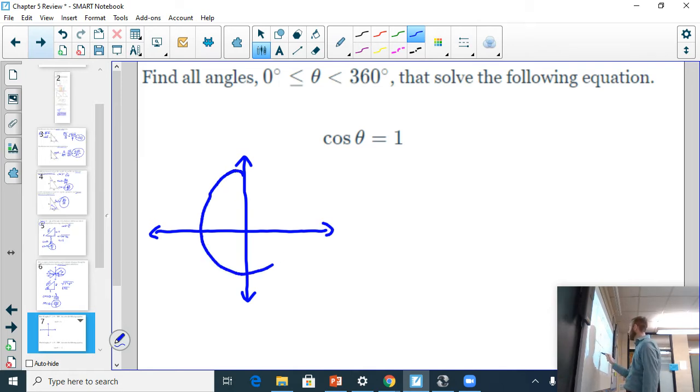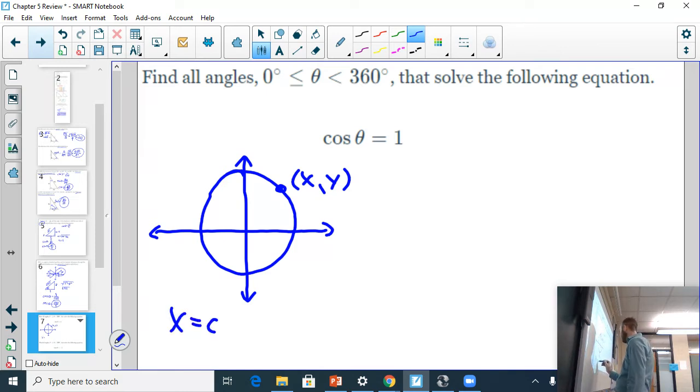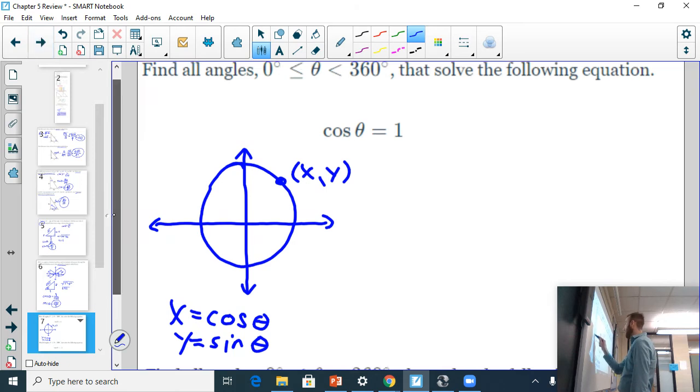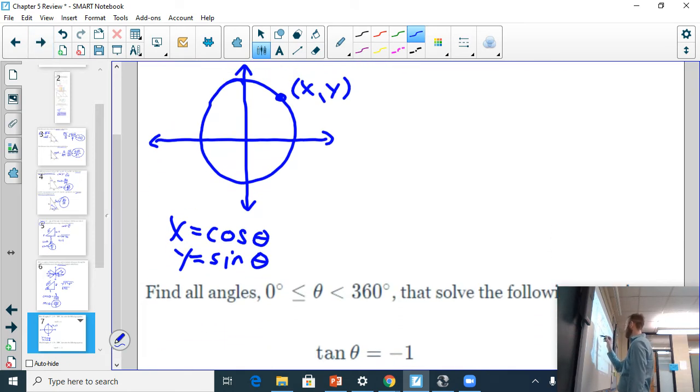But if we have a unit circle, remember we have a point x, y on here where x equals cosine of theta and y equals the sine of theta. And then we also have tangent, I'll write it over here.